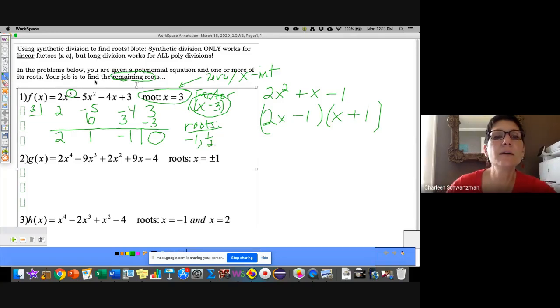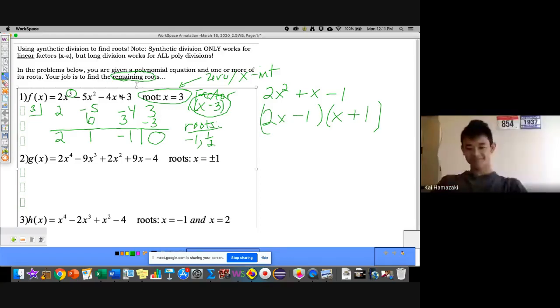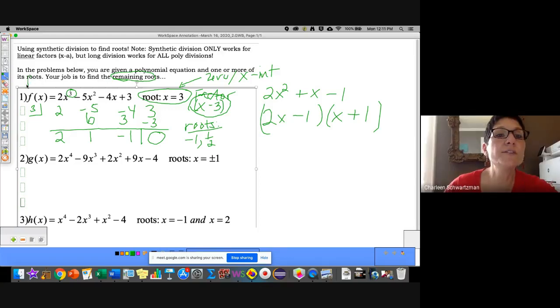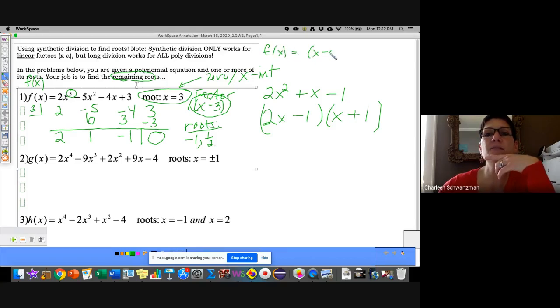So over here, a couple of things that I want to note, okay? When we first divided, the x minus 3 factor, you can write this original cubic function as f of x is equal to x minus 3 times 2x squared plus x minus 1.